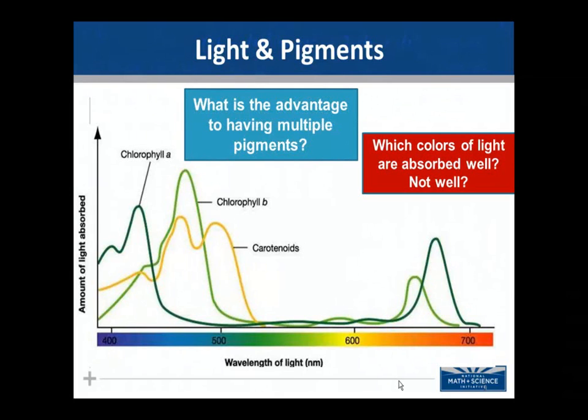So taking a look at this, what would be the advantage to an organism of having multiple pigments? Well, the advantage is that with more buckets or more pigments, you can capture more light.